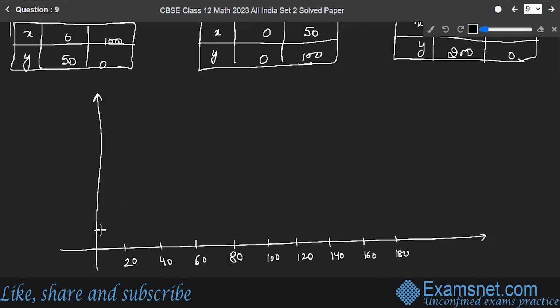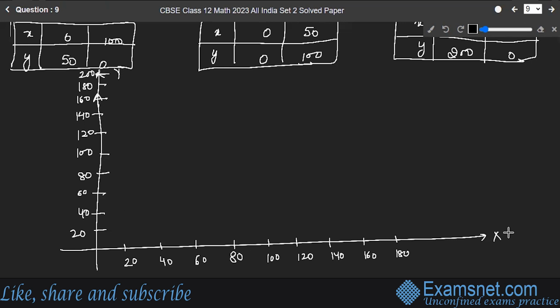Similarly, on this axis also, here is 20, 40, 60, 80, 100, 120, 140, 160, 180, actually 200 comes over here. Quite high. So 200 will be here. This is your y-axis, this is x-axis.